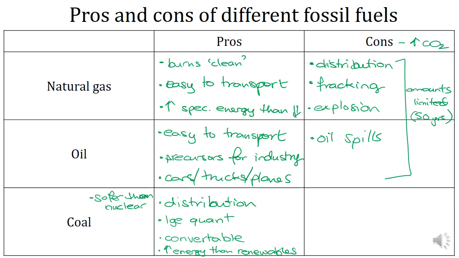The cons of coal, let's stick to coal for the moment. Because it's contaminated with sulfur, there's acid deposition. It's harder to transport, so transport is a con here. And it's actually dirty. So it's a dusty substance.